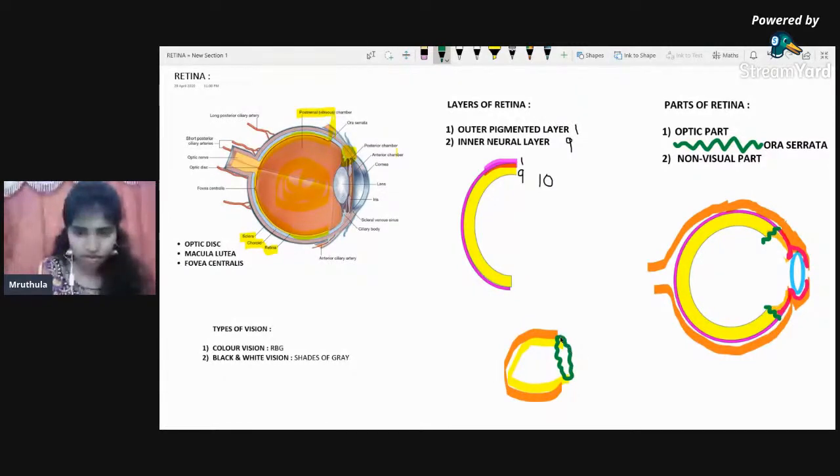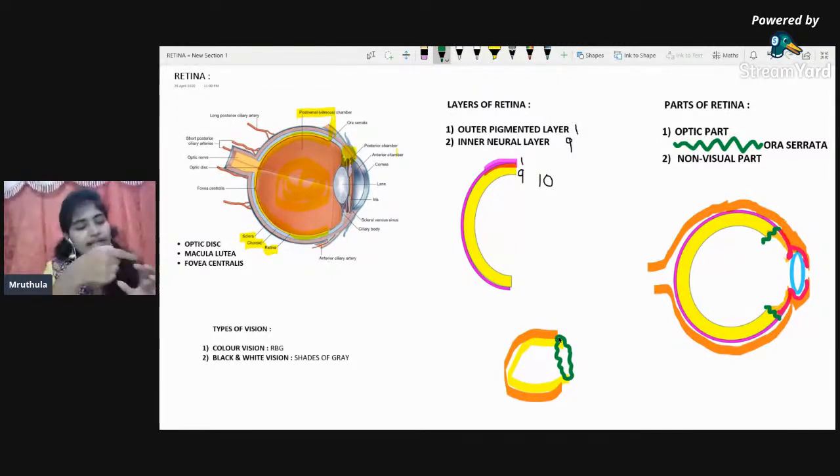Just imagine, look at my hands. This is the eyeball. The outermost layer is the choroid. We are not talking about sclera now, so just leave it right now. So this choroid is lined on the inner aspect by the retina. Now this retina, as it comes to the anterior aspect, at the junction of choroid and the ciliary body, there is an irregular margin or lining.